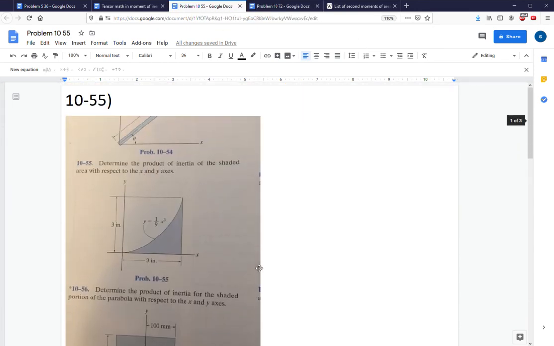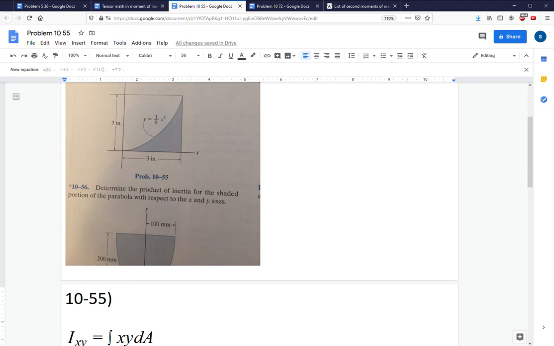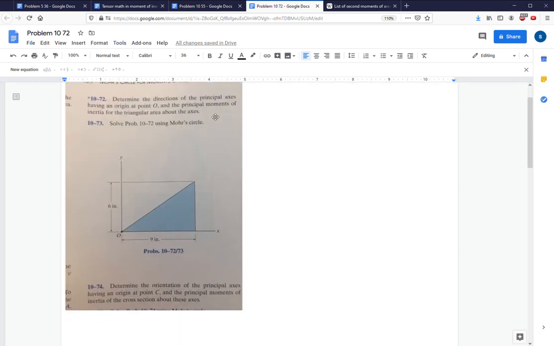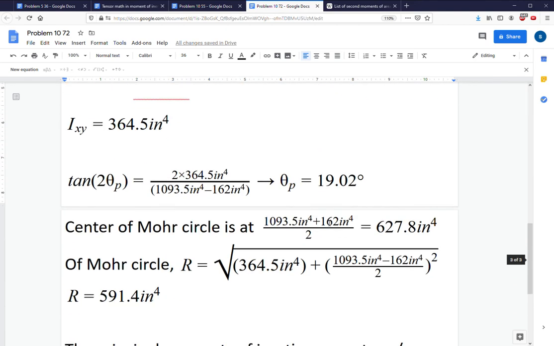Now the other part of the question, what are the principal moments of inertia? We could again use the Mohr circle, or we could use the Imin and Imax formula from 10.11. It ends up meaning the same thing. So I'm going to do this from a Mohr circle perspective.